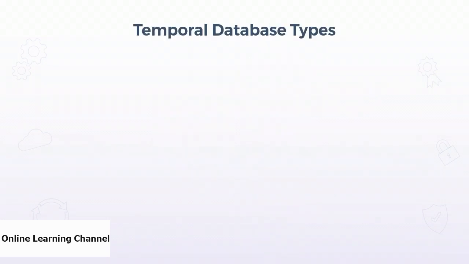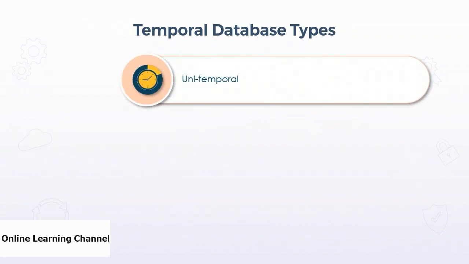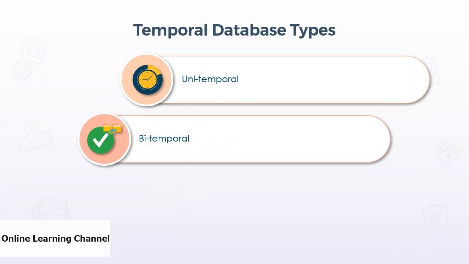The data in a database that's either partially or fully temporal can be unitemporal. This means it only has one time dimension. This would be either the transaction time or the valid time range. Or it could be bitemporal, where two dimensions of time are used.